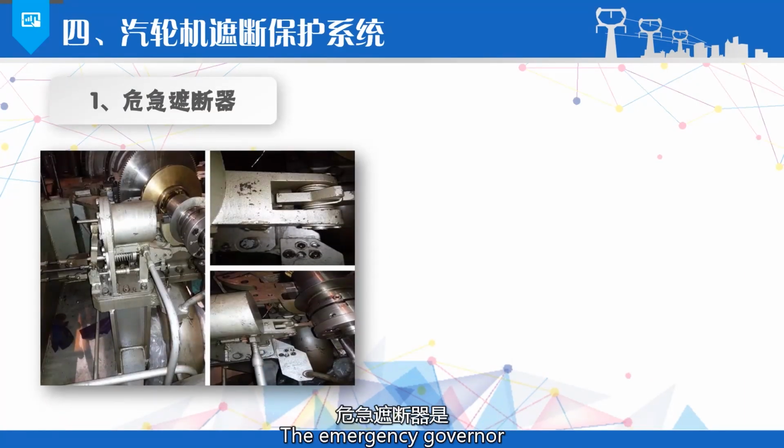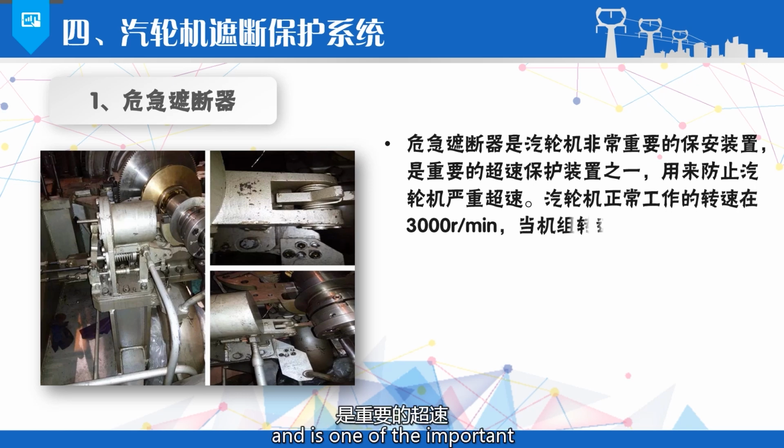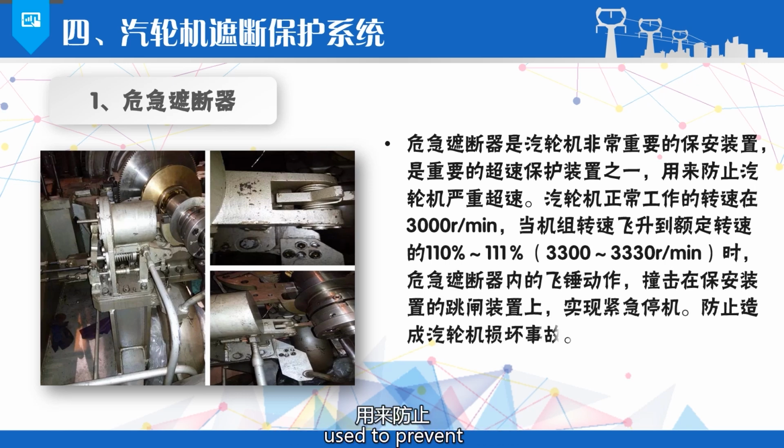Emergency governor. The emergency governor is a very important safety device for steam turbines and is one of the modern overspeed protection devices used to prevent severe overspeed of the turbine. The normal operating speed of the steam turbine is 3,000 rounds per minute.